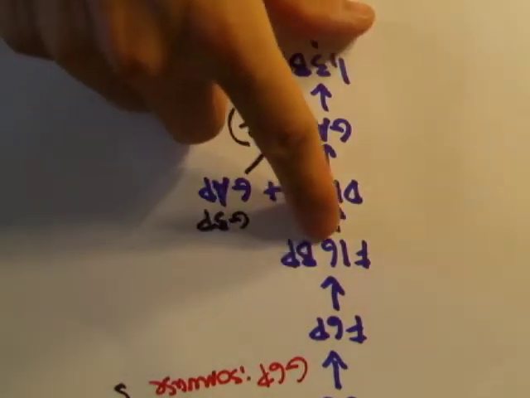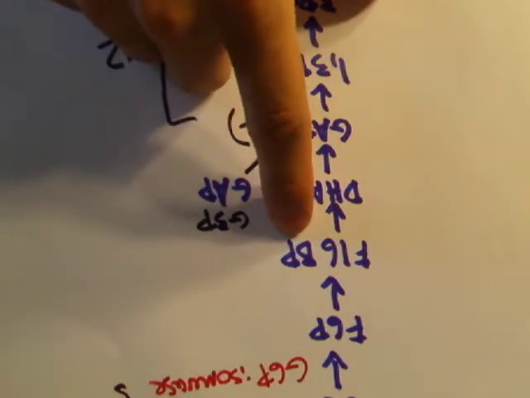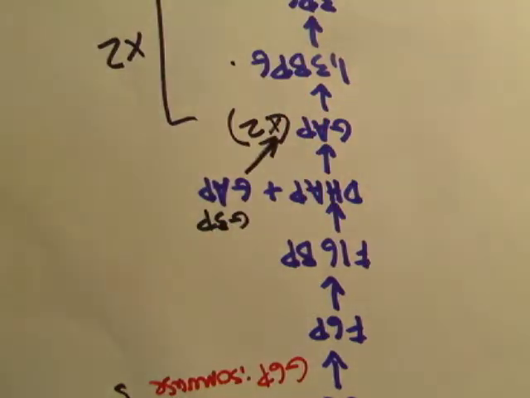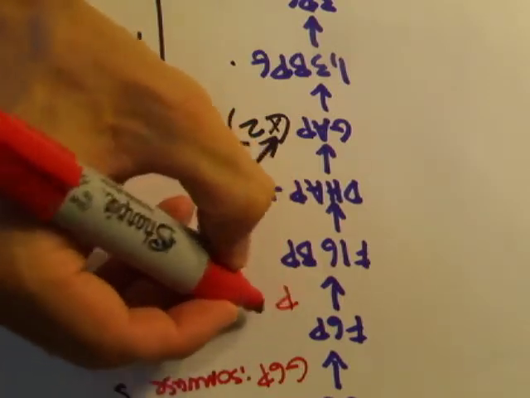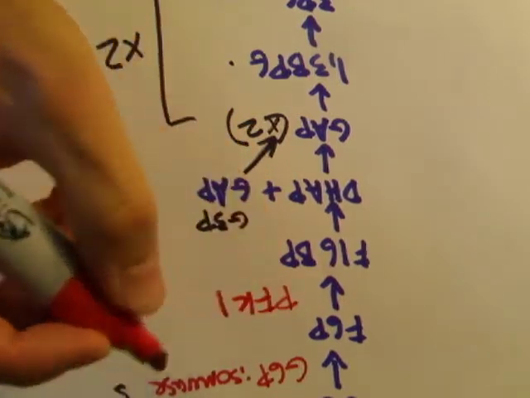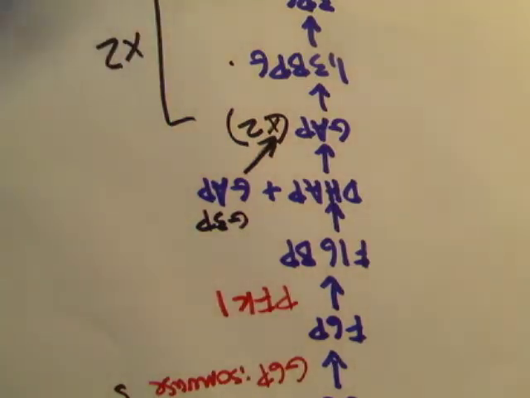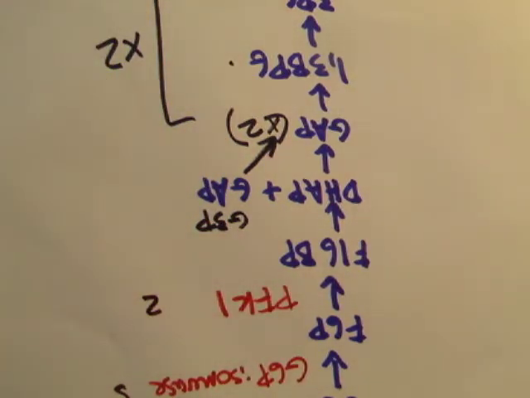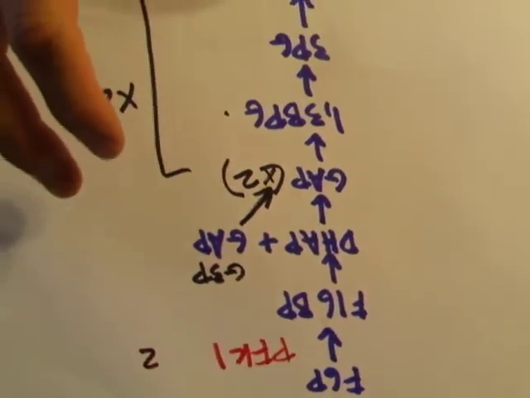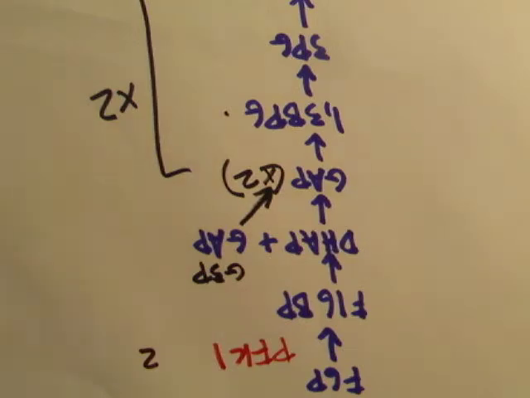Fructose 6-phosphate into fructose 1,6-bisphosphate is done by something called PFK1, phosphofructokinase 1. Again, kinase, which means it's a transferase, enzyme class 2.